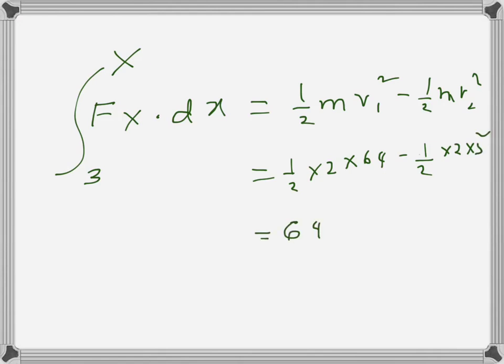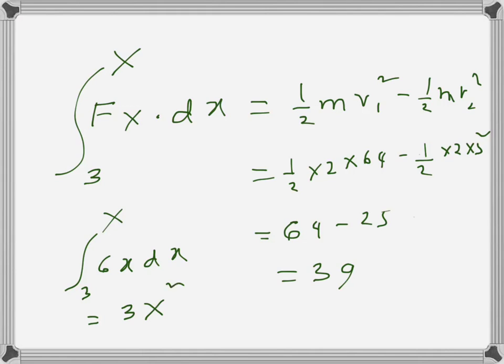So 64 minus 25, that is 39, and on the right hand side it will be 6x dx just like before, which gives 3x squared. So the upper limit 3X squared minus 3 times 3 squared will be equal to 39.